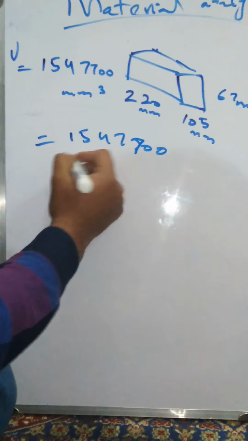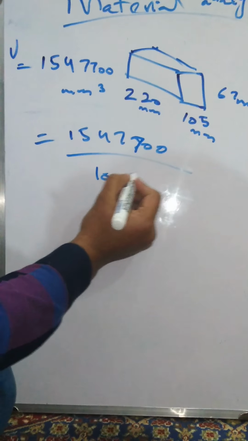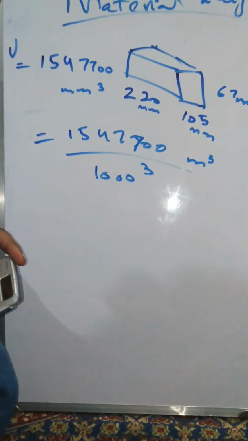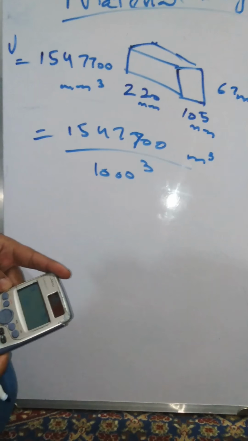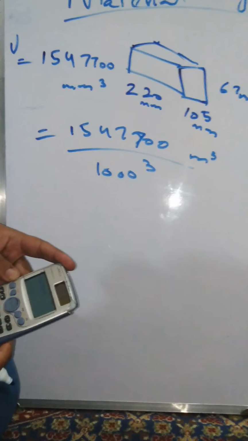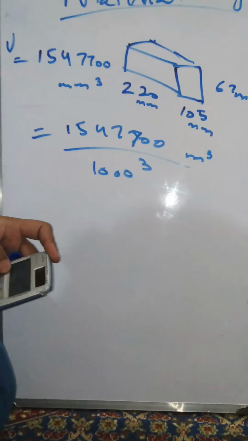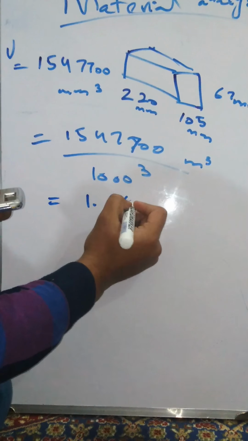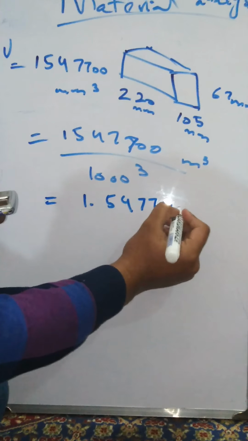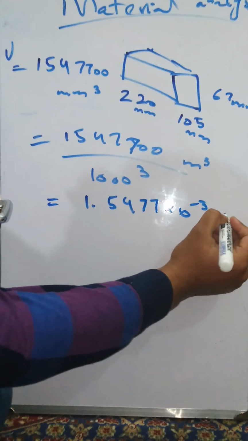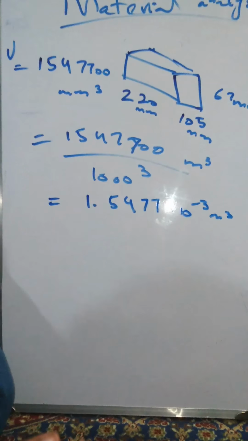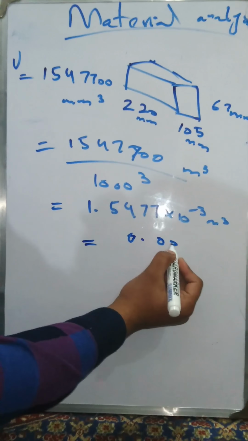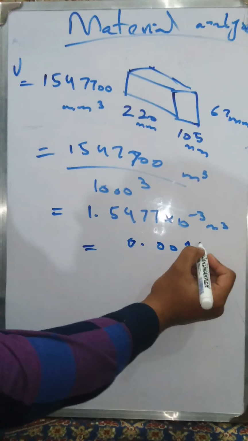1547700 millimeter cube. To convert it into cubic meter, we are going to divide it by 1000 cube. I'm going to skip this step and do it in the next step. That would be like this: 1547700 divided by 1000 cube, and the unit would be meter cube.